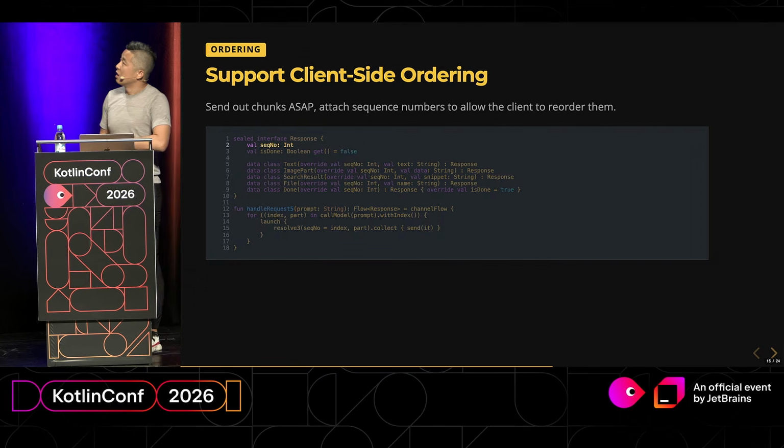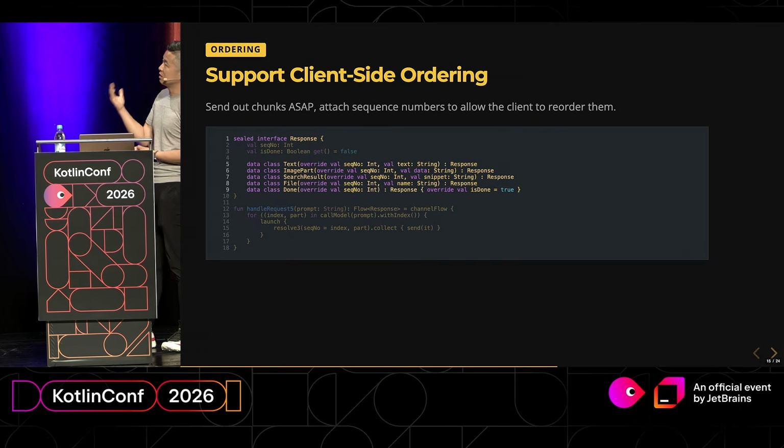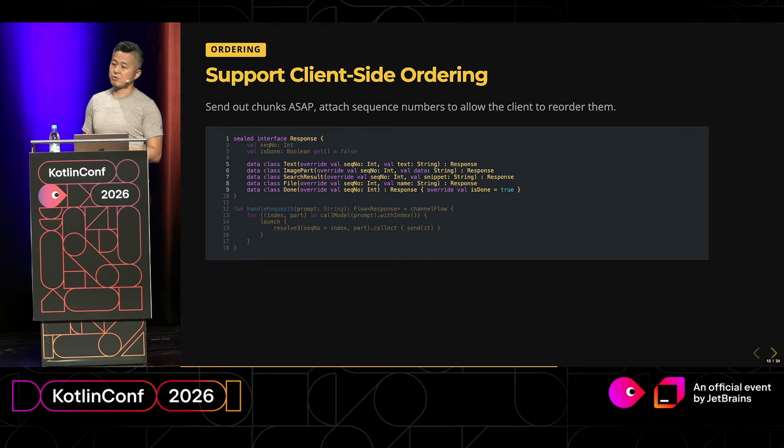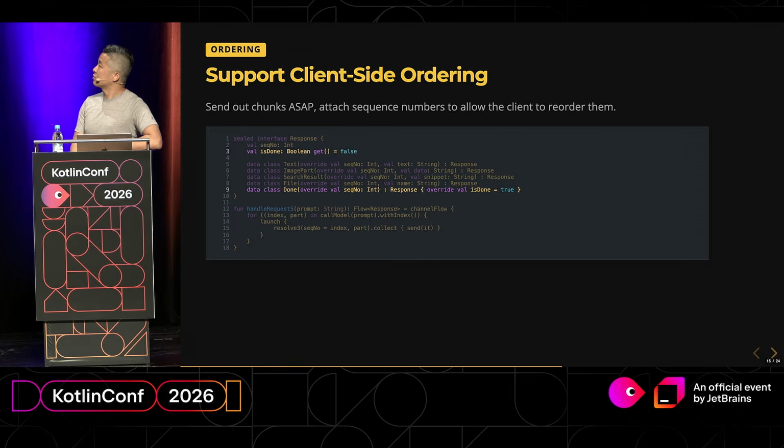Each response has a sequence number, and we have a whole bunch of different response types, as usual: text, image, search results. We do that mainly because we need to send back additional information to the client, so the client is able to construct the order. And we have to add a done marker just to let the client know that some of the tool output is done. Otherwise, from the client side, they don't know the flow, so they won't be able to know if this chunk is the last chunk. So we need to synthesize that.